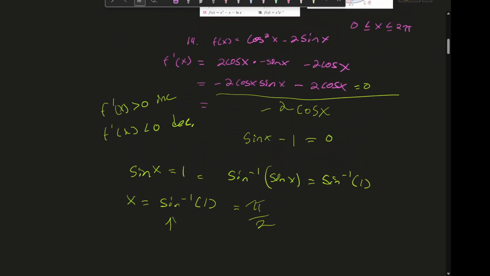Let me see. Let me think about this. Am I missing something? By dividing out that cosine x, am I missing a critical point?